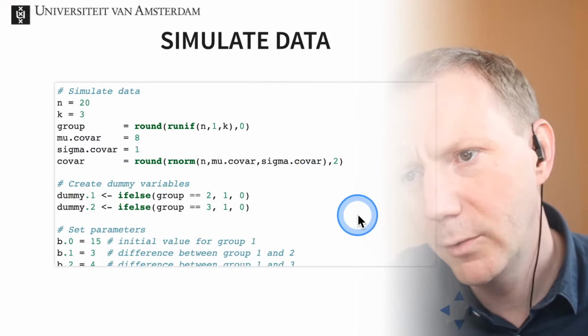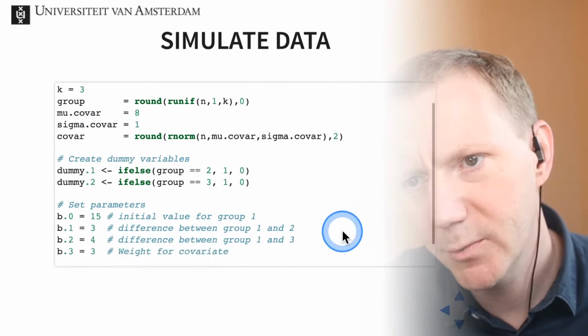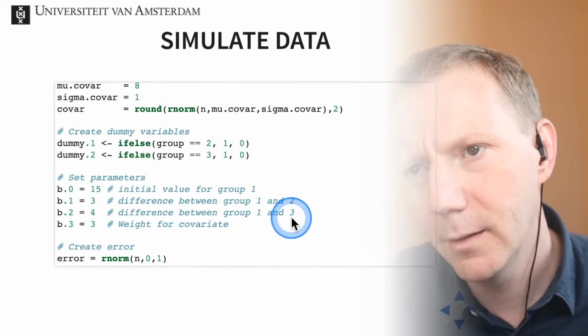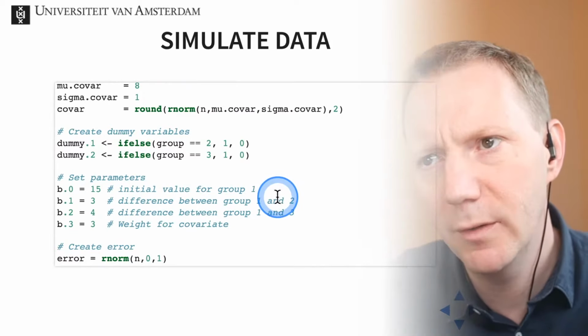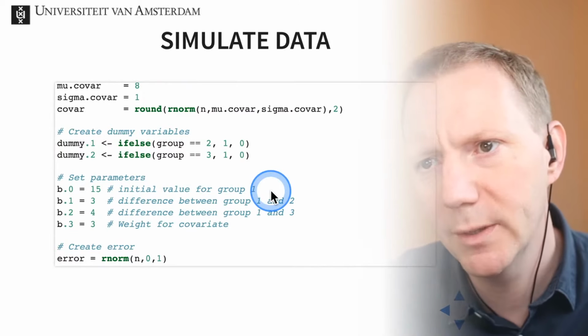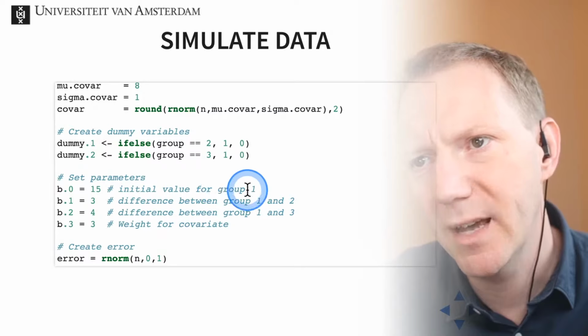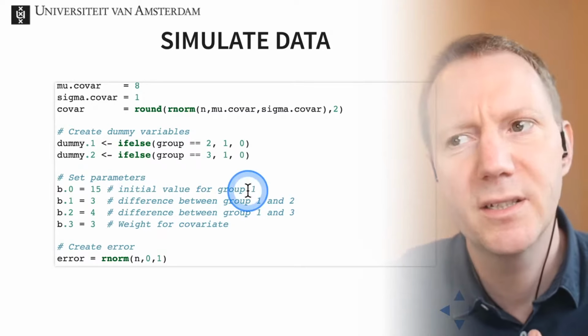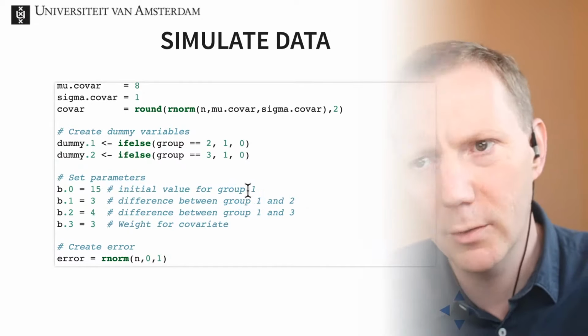And we're going to create some dummy variables because we have categorical values in our model. The way this works, if you apply a regression model, is that the dummy variables essentially state if your category is on or off in your regression model.